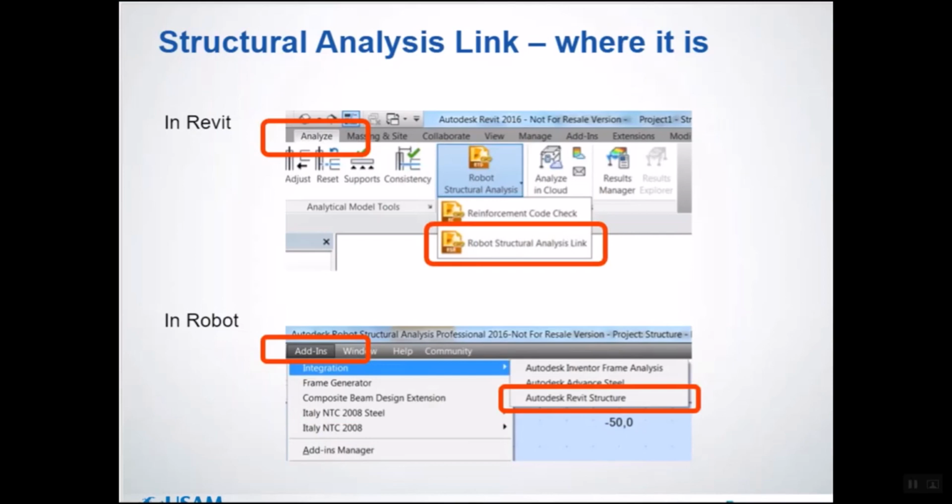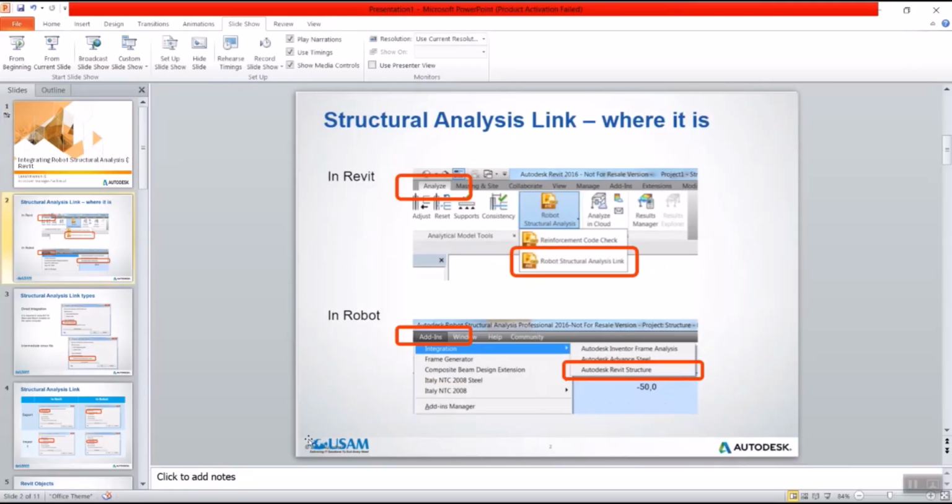Yes, the first thing I would like to say is that a modeler, a person who is going to build a model in Revit, whether he has Revit 2020 or Revit 2019, first has to install the Structural Analysis link.